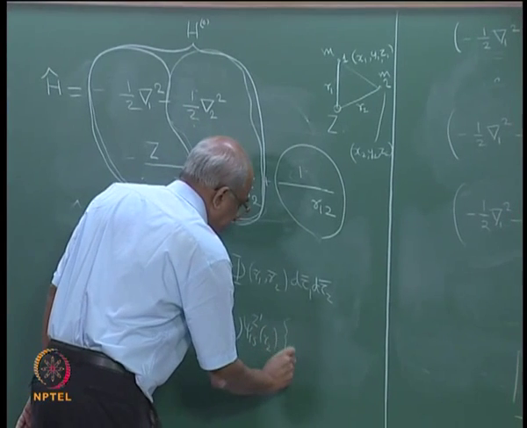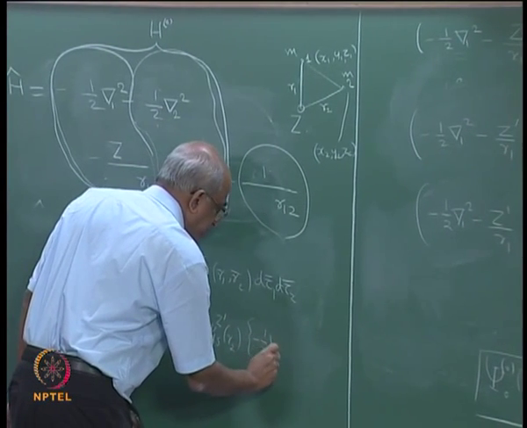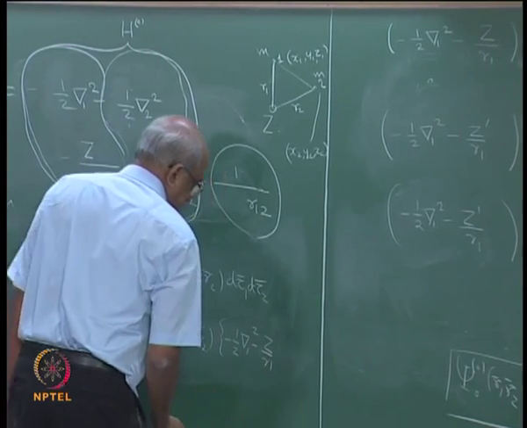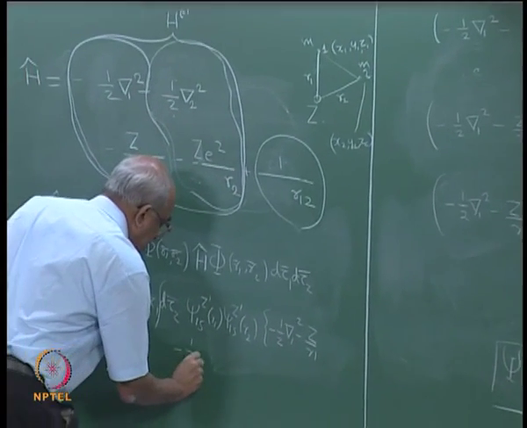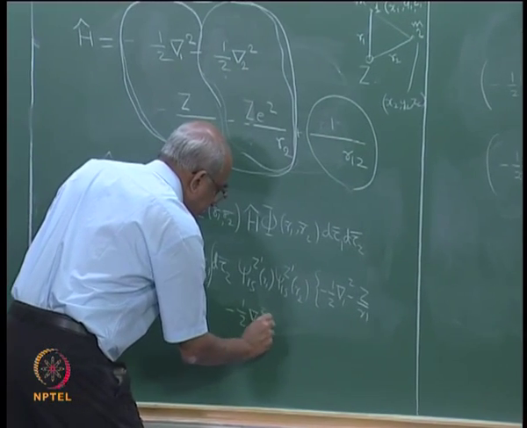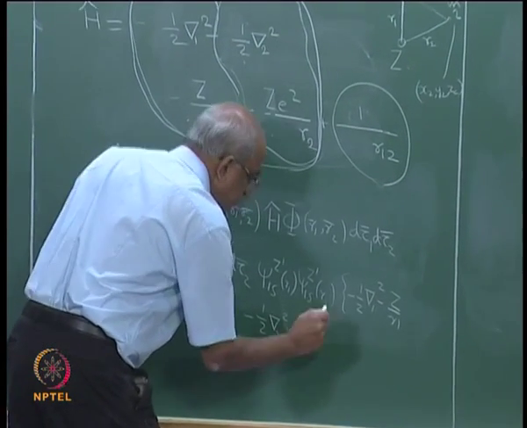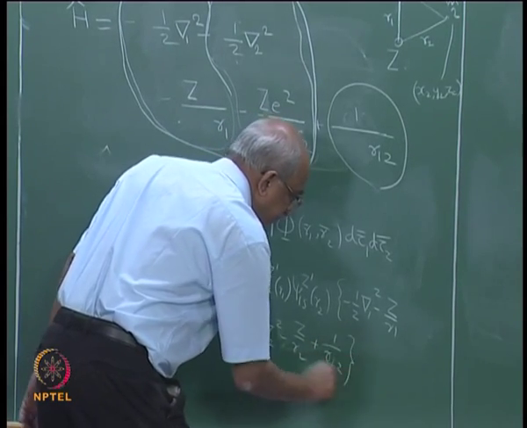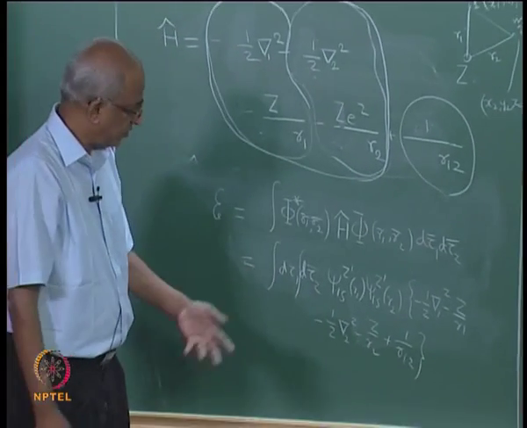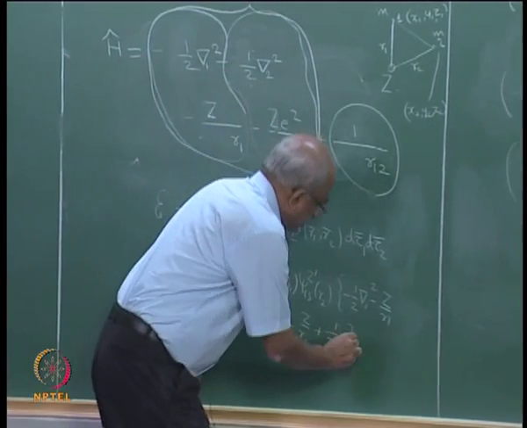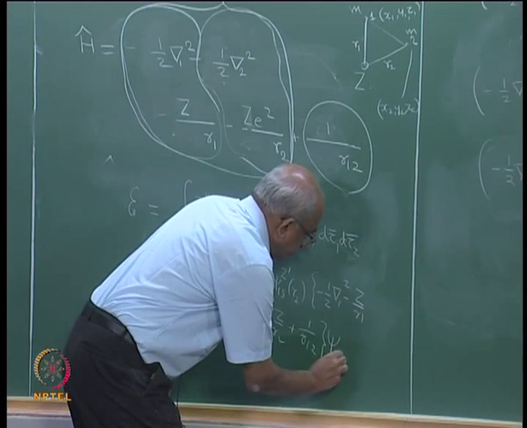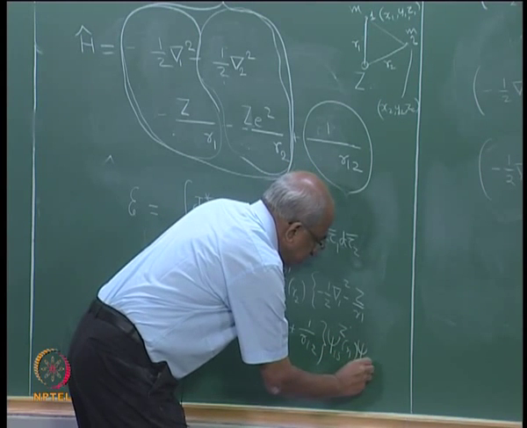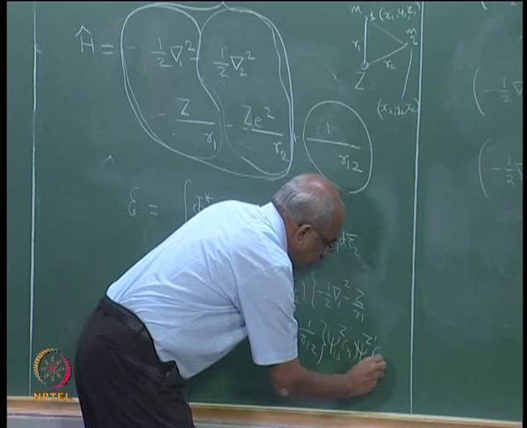and what do I have here? The actual Hamiltonian: minus half del 1 square minus Z by R1, minus half del 2 square minus Z by R2, plus of course I have my troublesome term which is 1 by R12, correct. This is the full Hamiltonian, and it acts upon my trial function which is 1s Z prime R1, 1s Z prime R2, that is all.